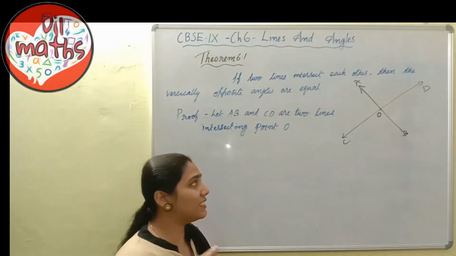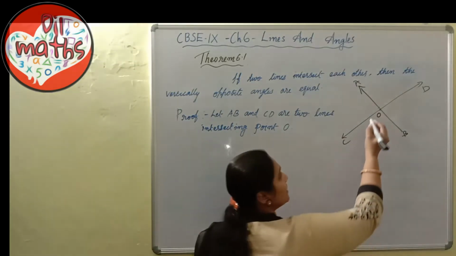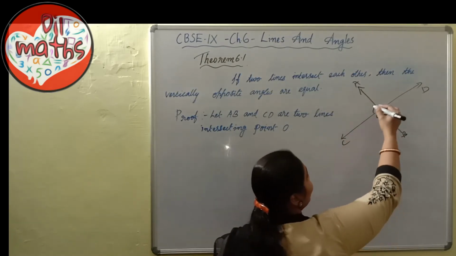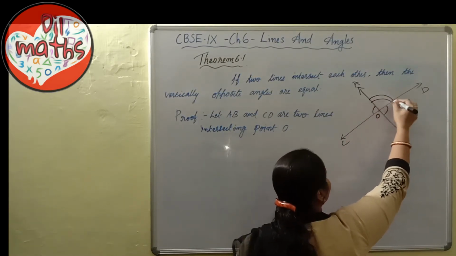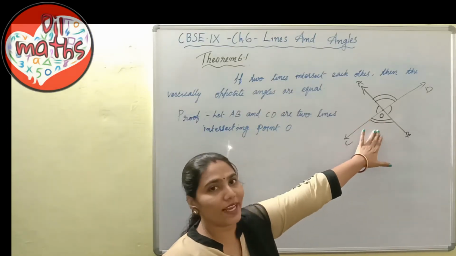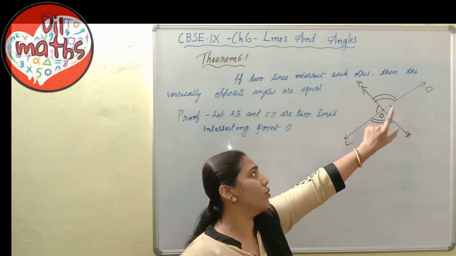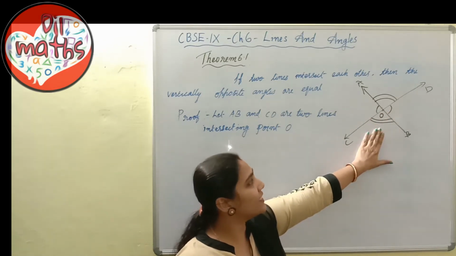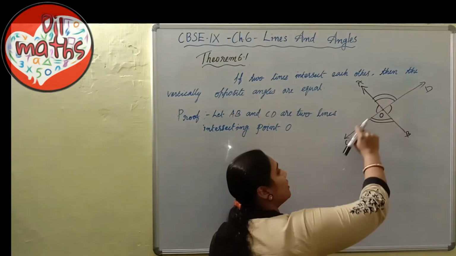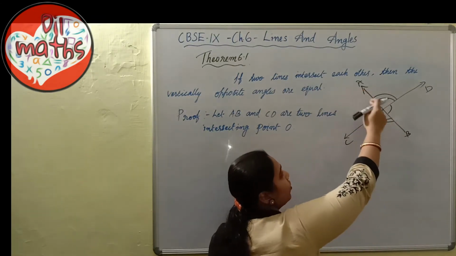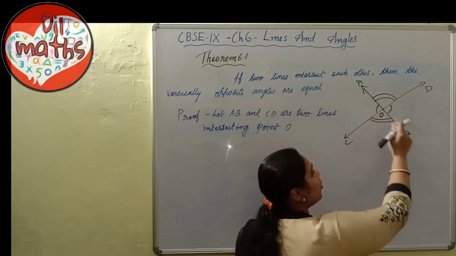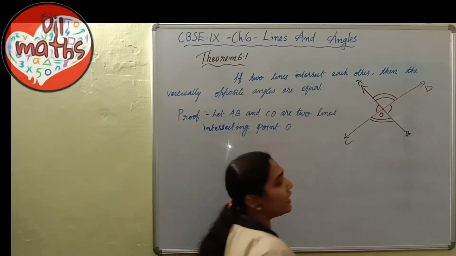A total of 4 angles are here, and in that this is one pair of vertically opposite angles and this is another pair. Here angle AOC and angle DOB are vertically opposite. Angle COB and angle AOD are vertically opposite.